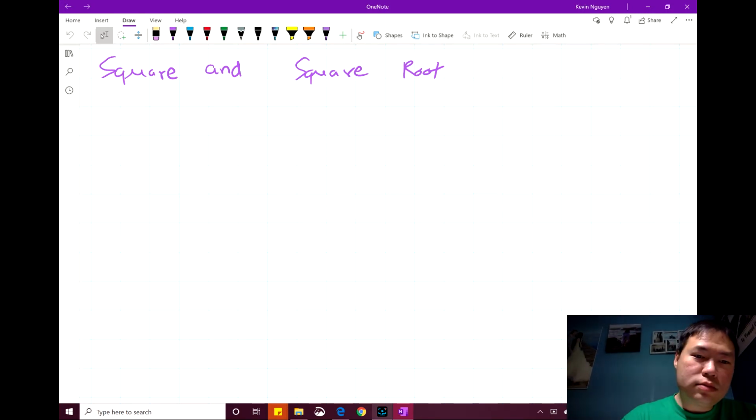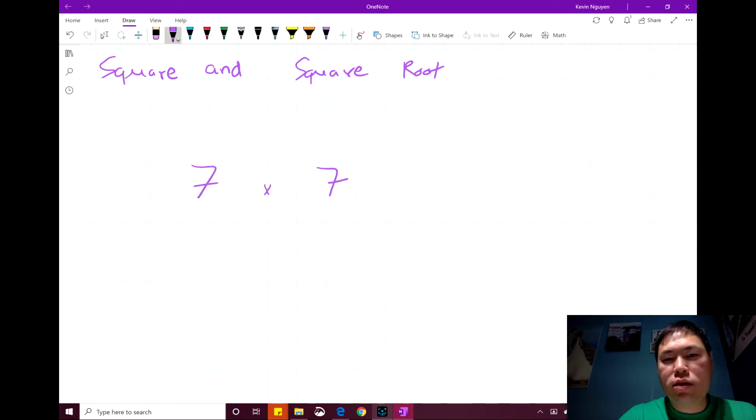So let's give you an example first. 7 multiplied by 7 equals 49. Since 7 times 7 are exactly the same number, we can call that 7 squared as well.